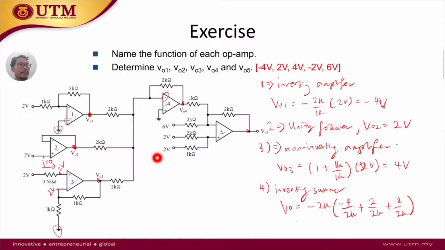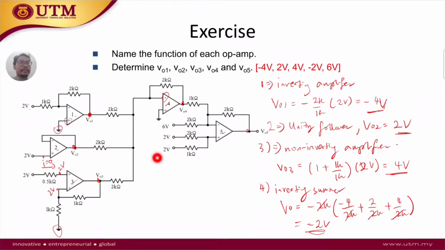Here the 2k we can cancel out. So 4 minus 4 cancels out, we have 2 times negative 1, we have negative 2 volts.